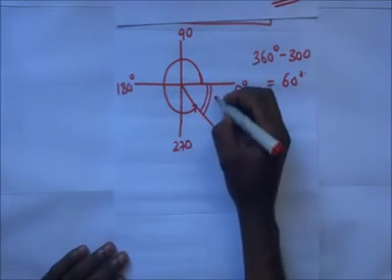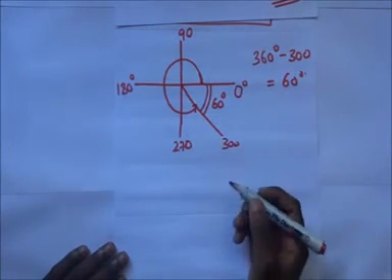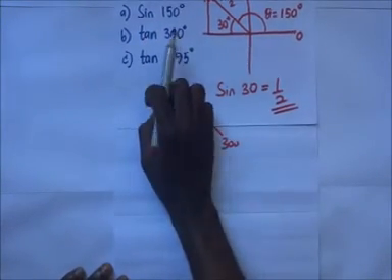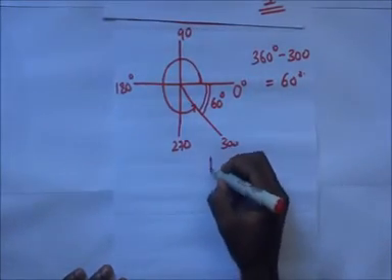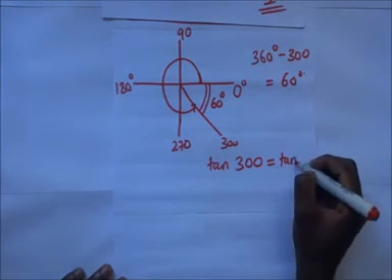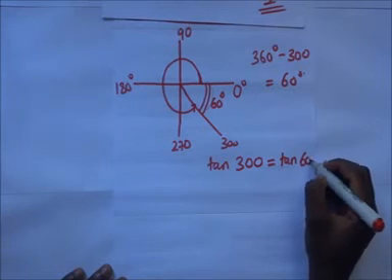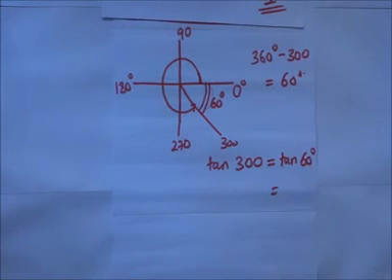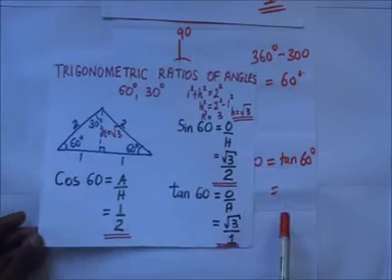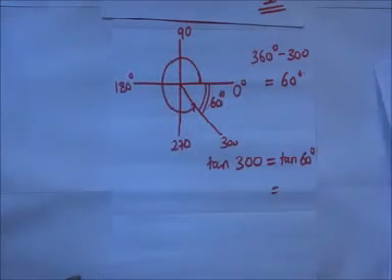So now, they want the tangent of 300, which is the same as the tangent of this 60 degrees. And so what's the tan of 60 degrees? From our ratios earlier, tan of 60 is root 3 over 1.